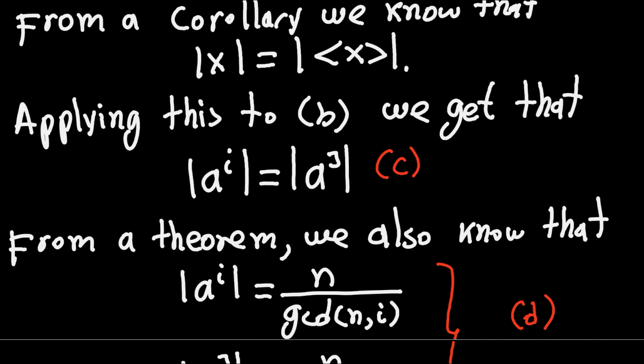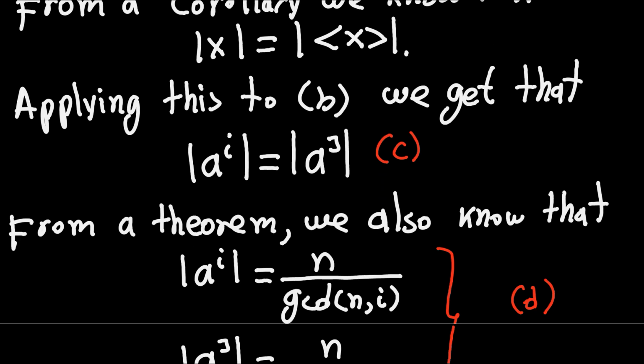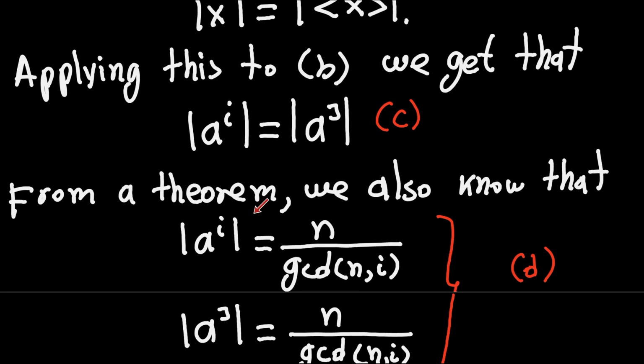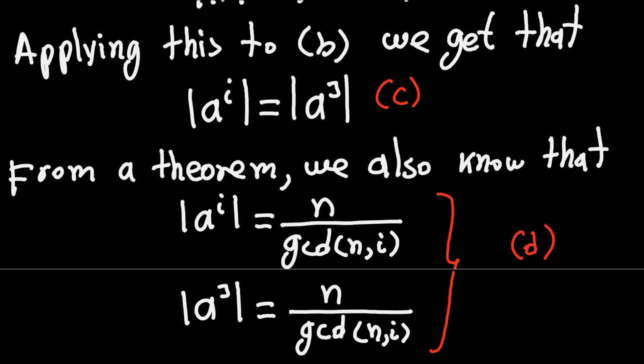Now, again, using the theorem that we used at the beginning of this video, we can find the order of a power of a, knowing the order of a. So the order of a to the i is the order of a, that's n, divided by the GCD between n and i.